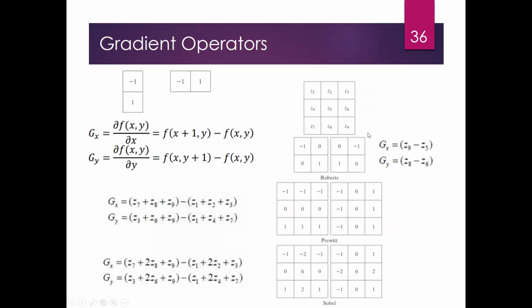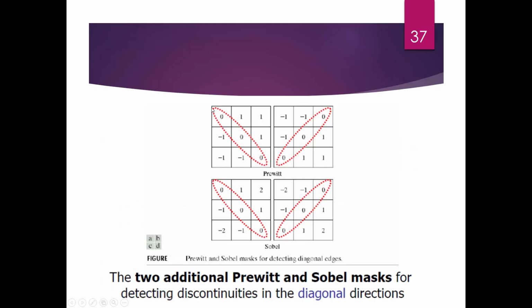These are the various masks in the gx and gy directions. This one corresponds to Roberts, this to Prewitt, and this one to Sobel. The next slide shows the Prewitt and Sobel operator masks in diagonal directions.